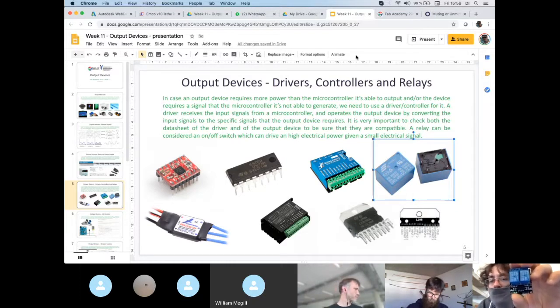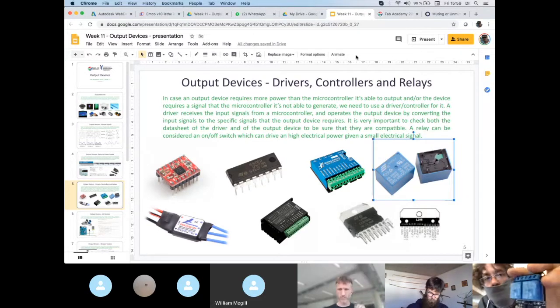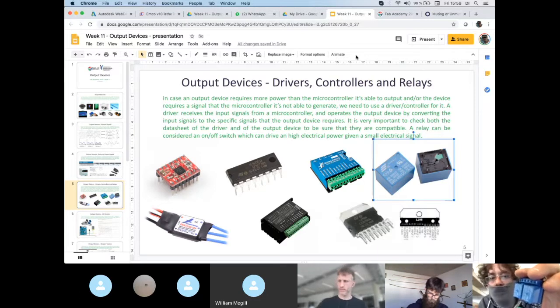So what you do is you use a transistor, like this small guy over here, to give more power to the coil of the relay, and you drive the transistor with the PWM from the microcontroller. So it's like chaining the transistor and the relay together.